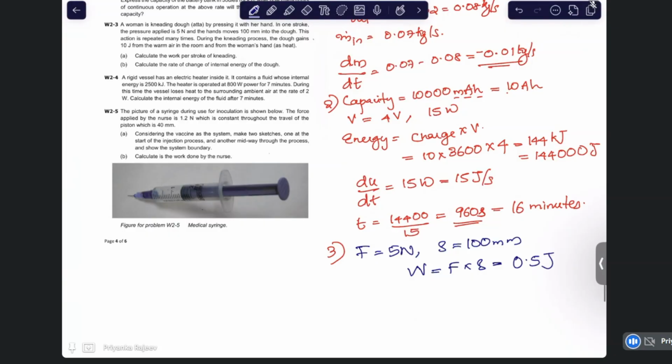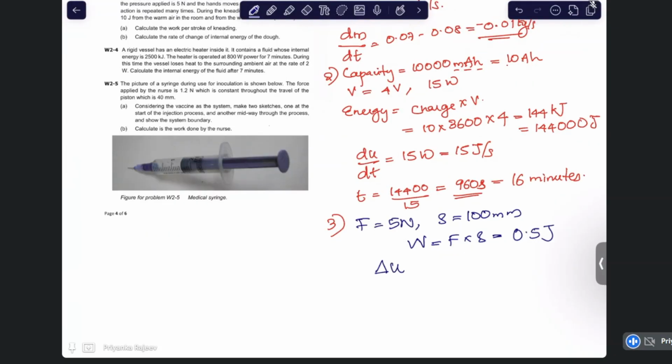Now the internal energy change, according to the first law, is delta U equal to Q plus W. Q is the heat transfer from the atmospheric air to the dough, that is 10 joule, it is given, and from her hand also.